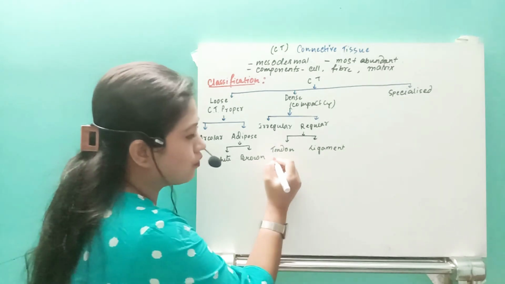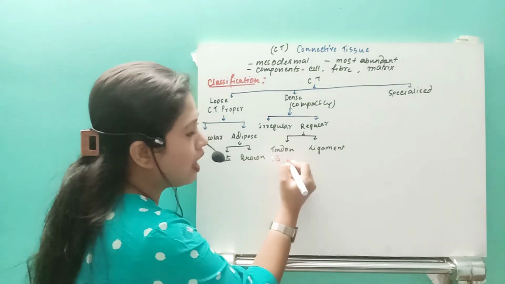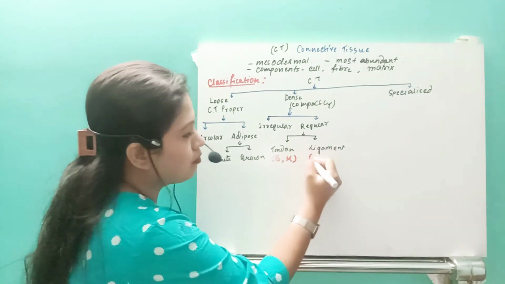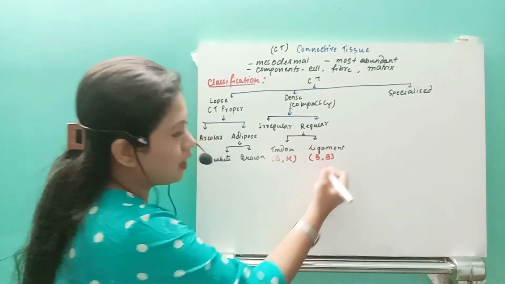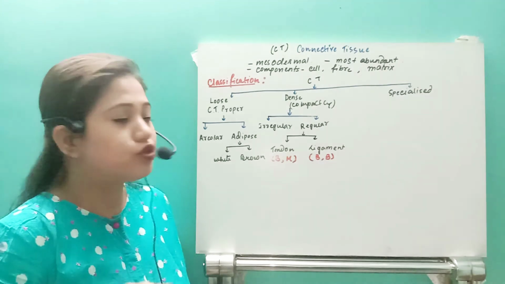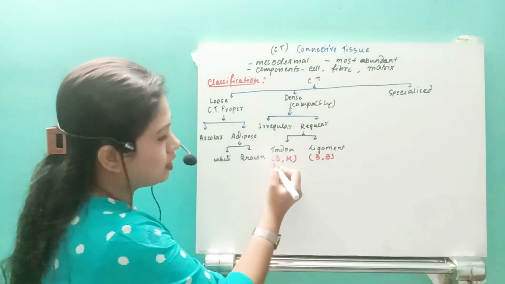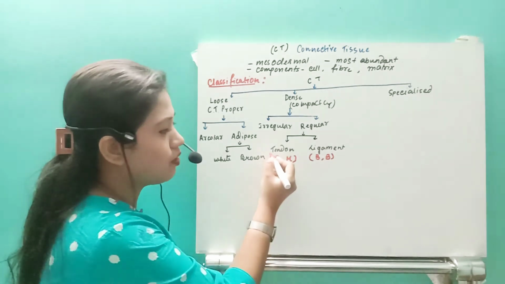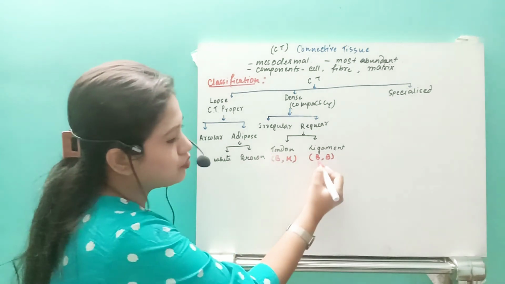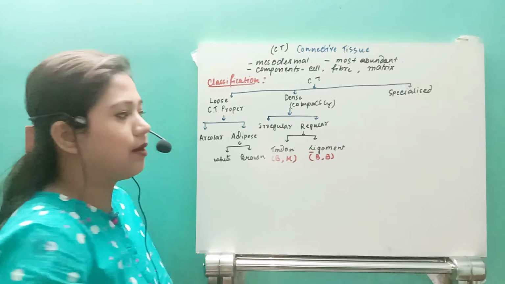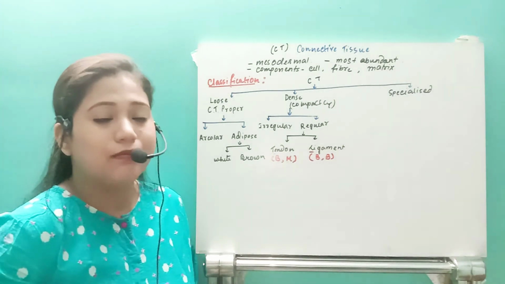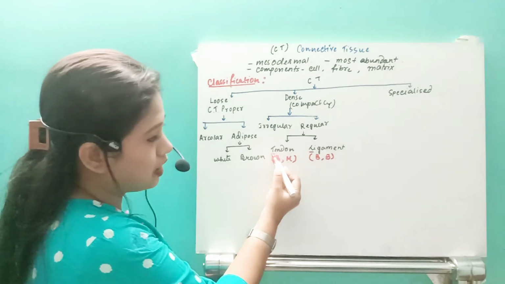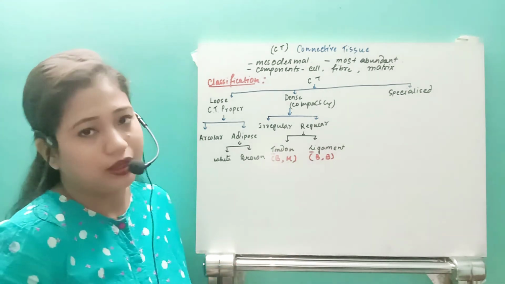So remember this way: in between bone and muscle we have tendon, and in between two bones we have ligament. That means bone to bone. Remember this way, BMT, that means bone to skeletal muscle we have tendon, and in between two bones we have ligament. BMT and BBL, right? BMT, T for tendon, BBL, L for ligament.